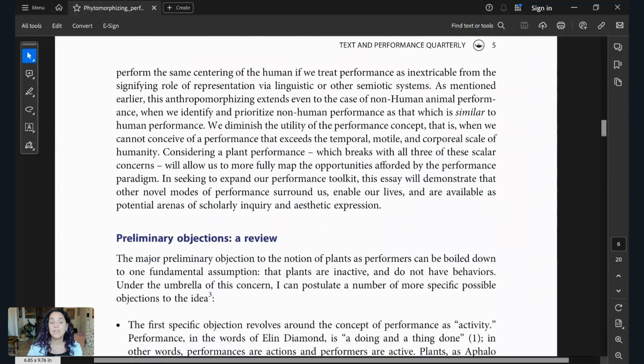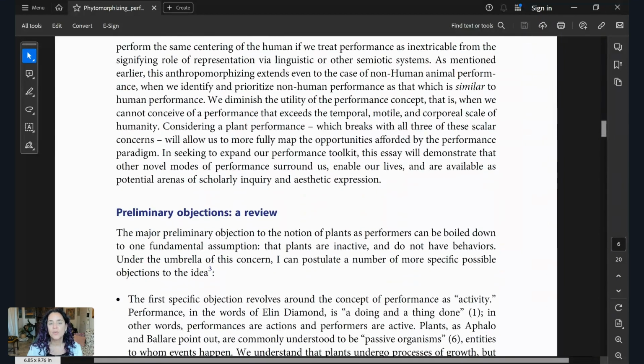We perform the same centering of the human if we treat performance as inextricable from the signifying role of representation via linguistic or other semiotic systems. As mentioned earlier, this anthropomorphizing extends even to the case of non-human animal performance.